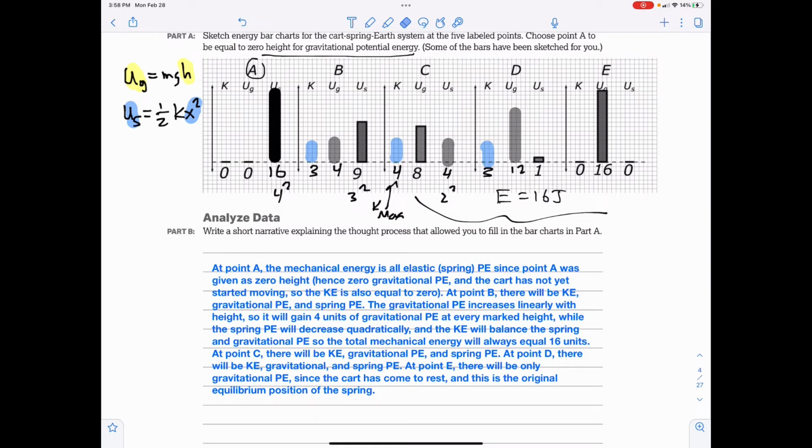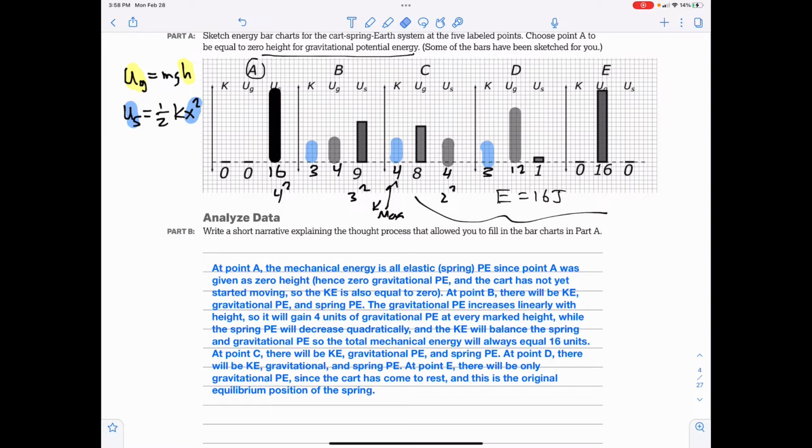The gravitational potential energy increases linearly with height, so it will gain 4 units of gravitational potential energy at every marked height. While the spring potential energy will decrease quadratically, and the kinetic energy will balance the spring and gravitational potential energy, so the total mechanical energy will always be 16 units. In other words, kinetic energy is the last one you find.